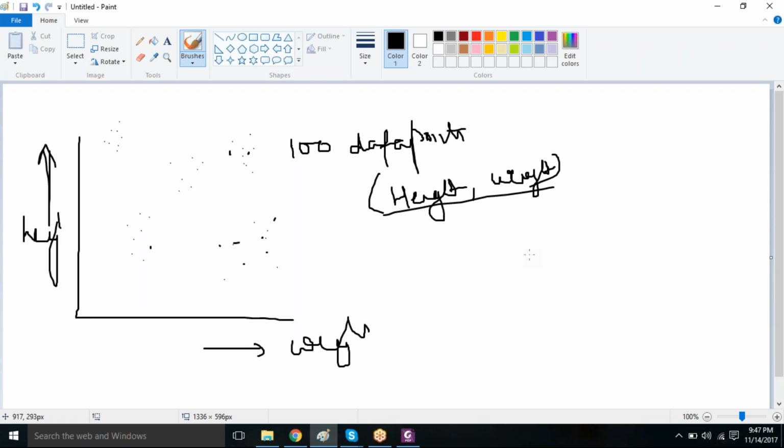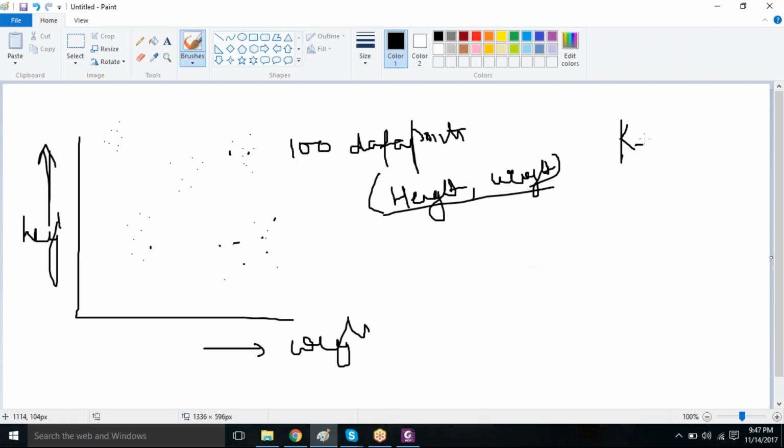One who has less height and less weight. One who has more weight, very high weight, but maybe the height is not that good. Maybe less weight, but height is very good. So similarly, let's say I kept that five kinds of people will be there.